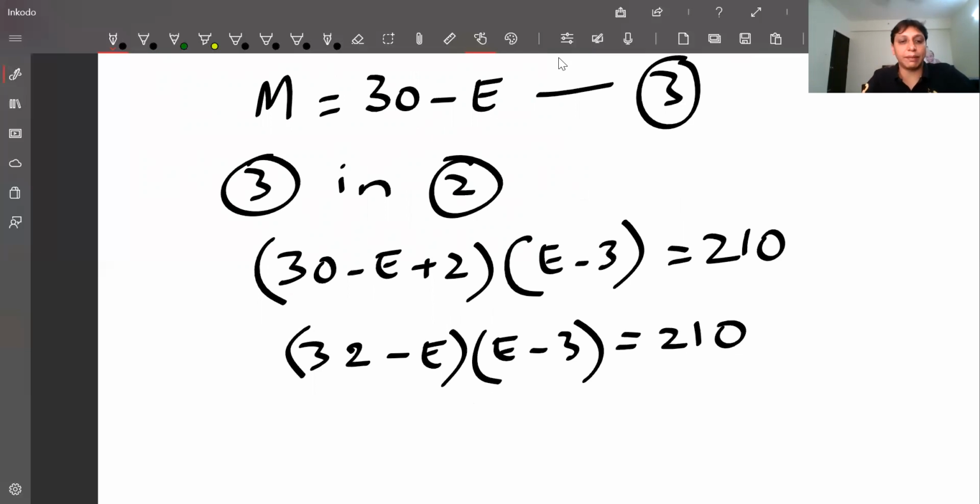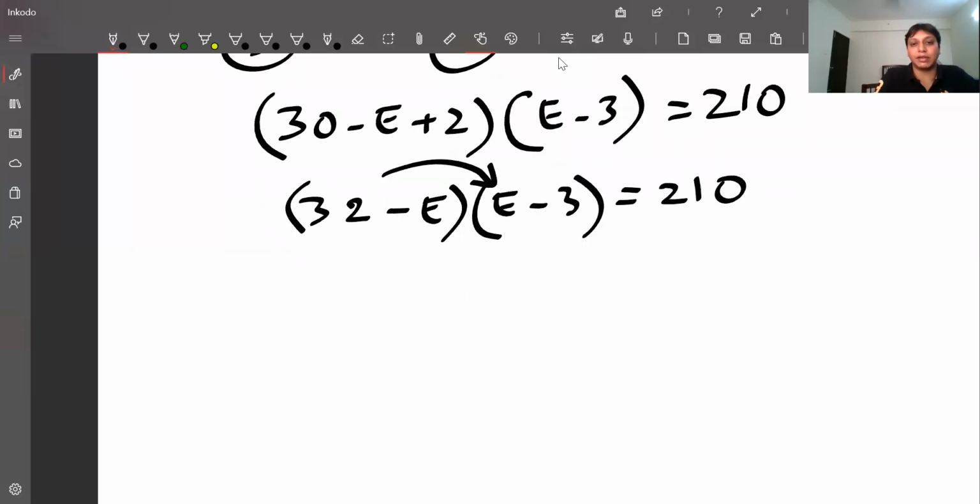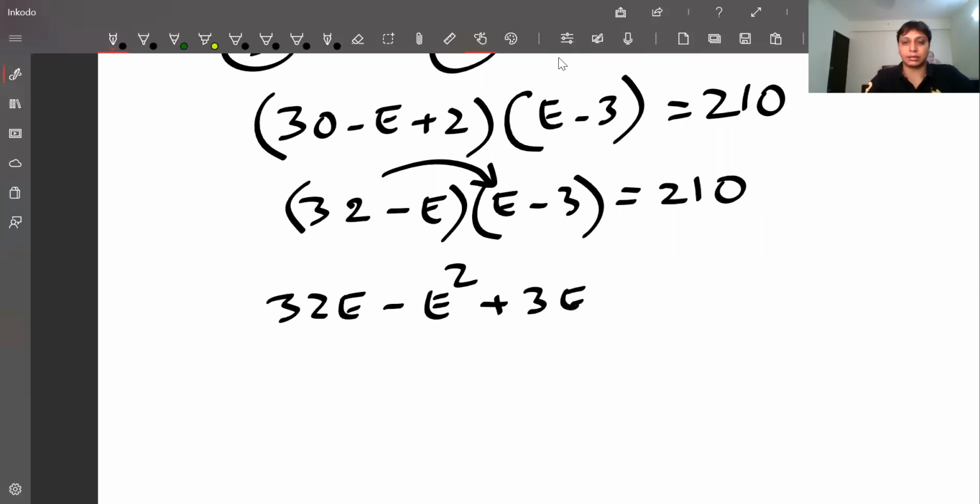Now let us apply the distributive property. You need to distribute the complete first bracket with E and then with minus 3. Which will give us 32E minus E square, and then plus 3E, and then minus 96 equal to 210.